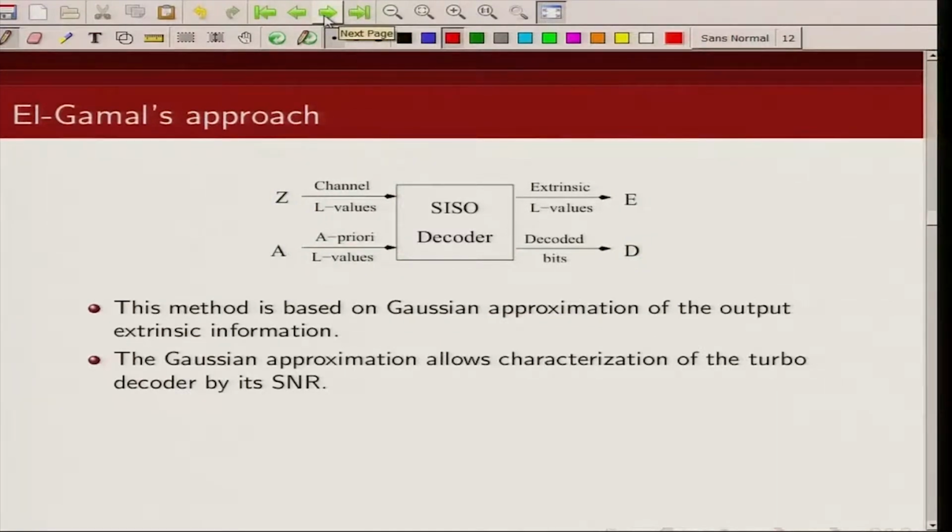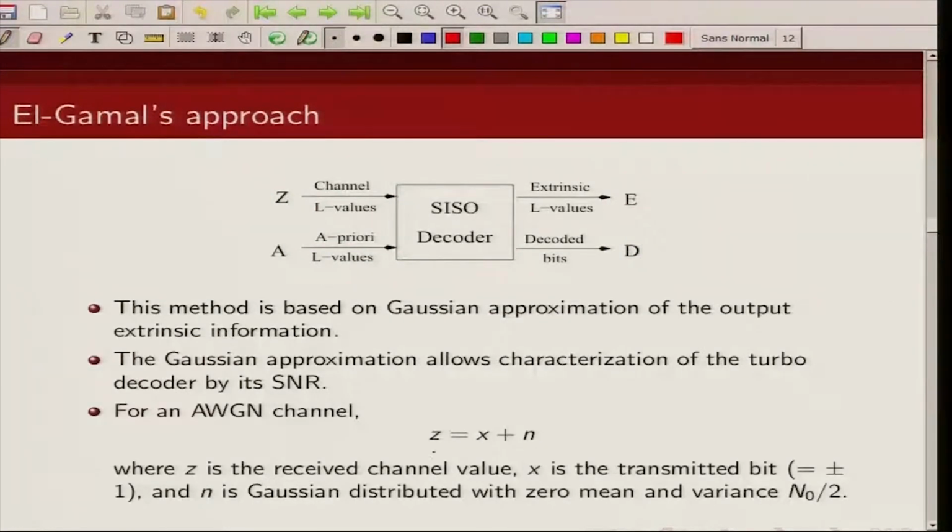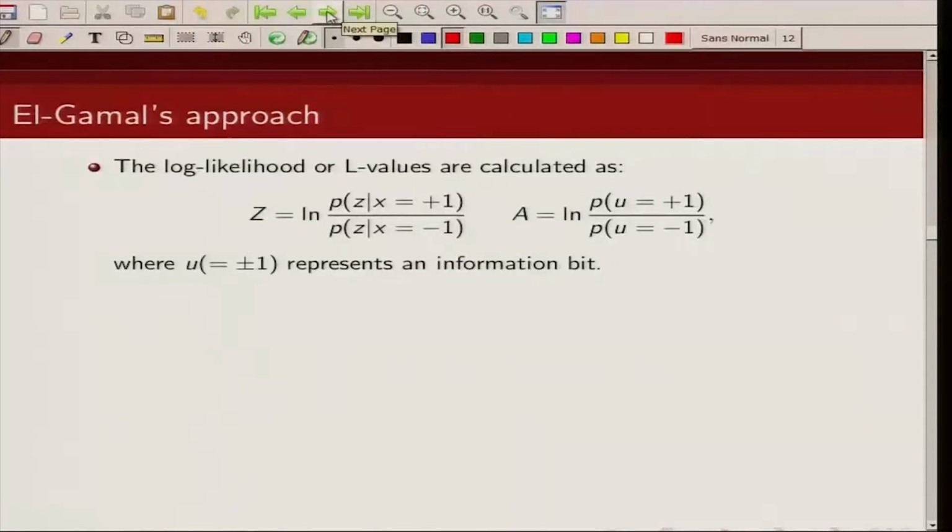Now, we are using this Gaussian approximation. So, assume we have one Gaussian channel. If X was my modulated signal and N is my Gaussian noise, then what I receive is Z. Now, the likelihood ratio of Z, we can write it like this.